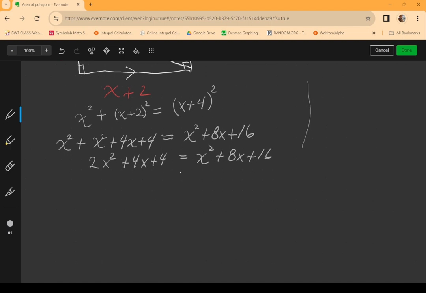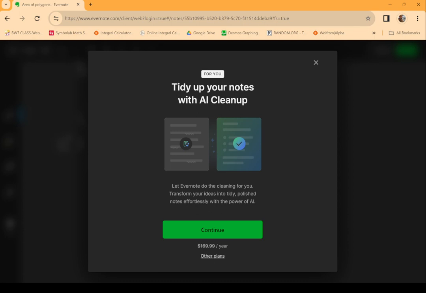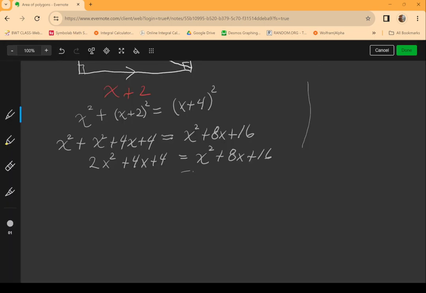So here I'll subtract x squared, subtract 8x, subtract 16, from both sides.